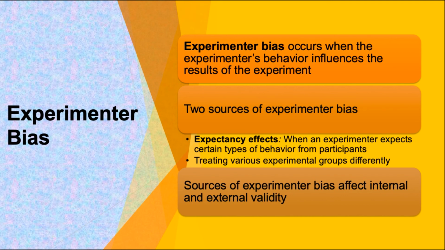I'll give you an example here. A study by Rosenthal in 1976 reported a perception experiment in which the independent variable was the information provided to students acting as experimenters. Some students were told that, according to previous ratings, their participants should perform well. Others were told that the participants would probably perform poorly.